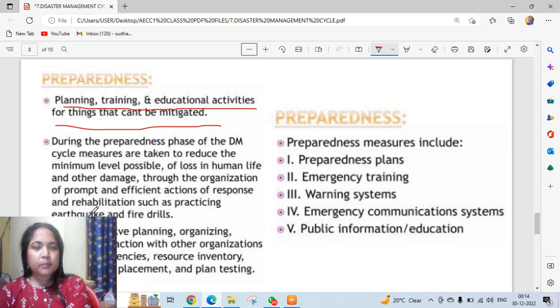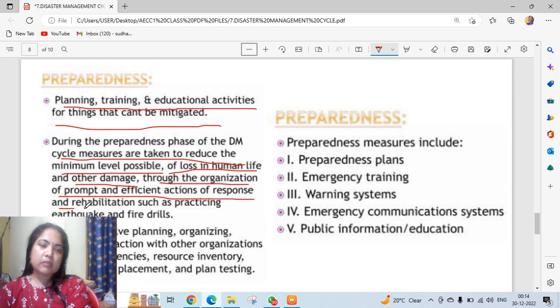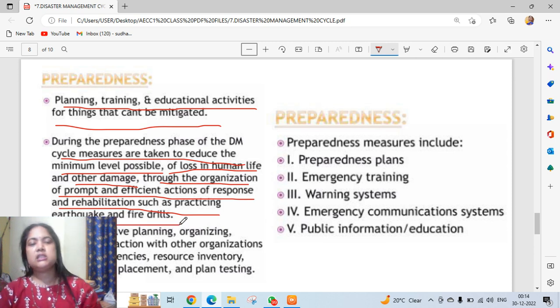During the preparedness phase of the disaster management cycle, measures are taken to reduce to the minimum level possible the loss of human life and other damage through the organization of prompt and efficient actions of response and rehabilitation, such as practicing earthquake and fire drills.